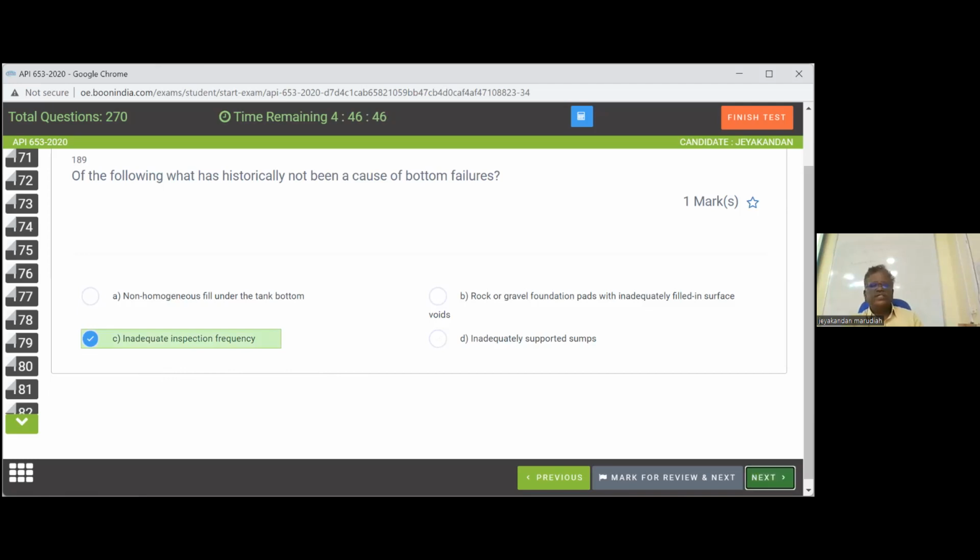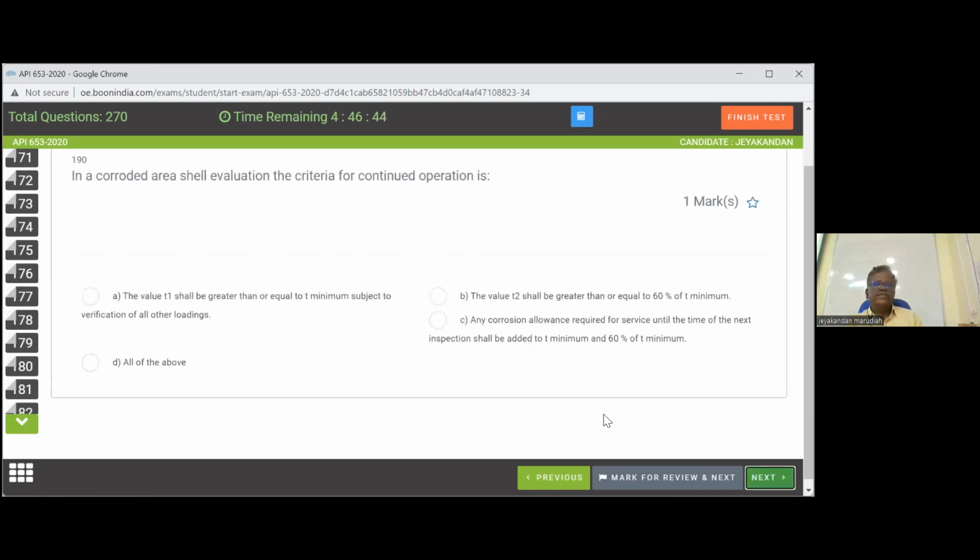Yeah. Next. In a corroded area, the evaluation criteria for continued operation is, what is the condition? The value T1 shall be greater than or equal to T minimum. The value T2 shall be greater than 60%. Any correspondence, all of them. These are the conditions. 4.3.3.2. You can see these conditions are given.